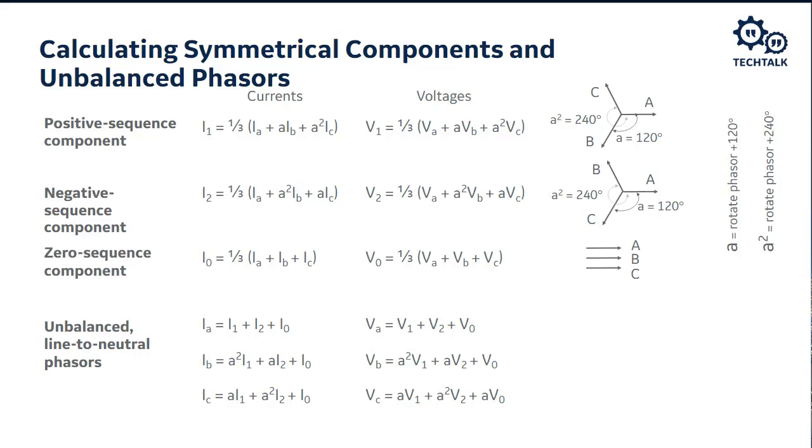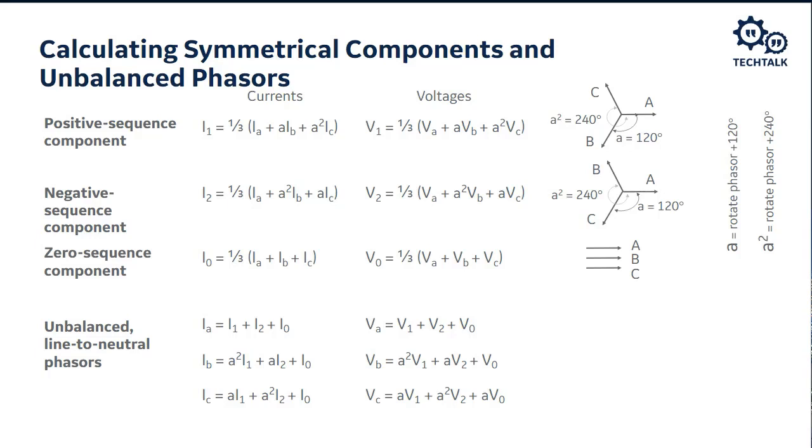Same thing for B phase, except I'm going to shift I1 by 240 degrees with the A squared operator, and shift the negative sequence components by 120 degrees with the A operator, and then add that with I0. Very similar equation for C phase. So this lets us take our phase quantities, voltage or current, and convert them into sequence quantities: positive, negative, and zero sequence.